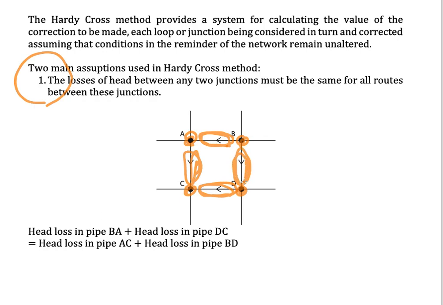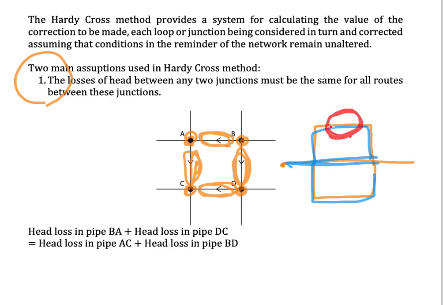This is actually showing you the idea of the losses in parallel pipes. Previously in our notes, we have a pipe like this one, where the water flows in parallel directions. So we assume that the losses at this section is equal to this section and equal to this section. By right, it carries the same meaning as this one.